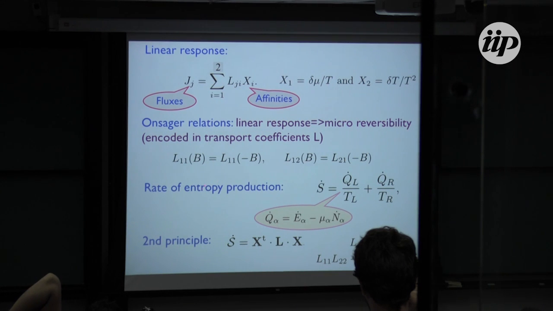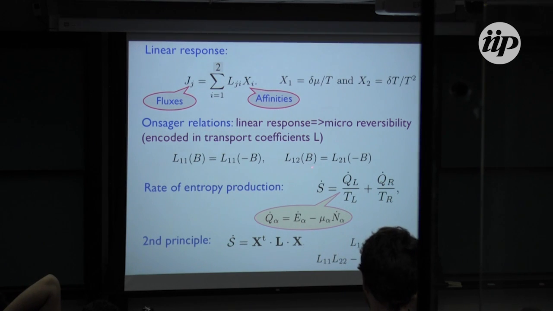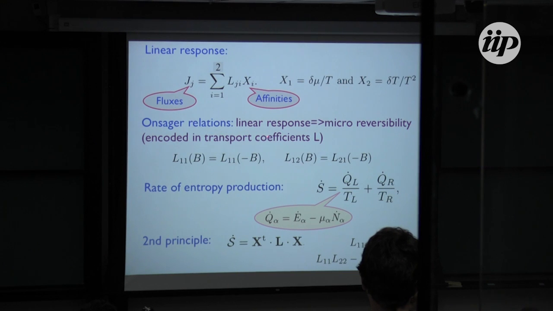To go ahead with the theory, we have to work with the expression for the entropy production in this device. The entropy production in this device is the heat generated in the left reservoir divided by the temperature of the left reservoir, plus the same thing for the right reservoir. Now we insert the expressions of the heat current, we use this linear response relation, and we can express this rate of entropy production in this form, which is bilinear in the relevant affinities.